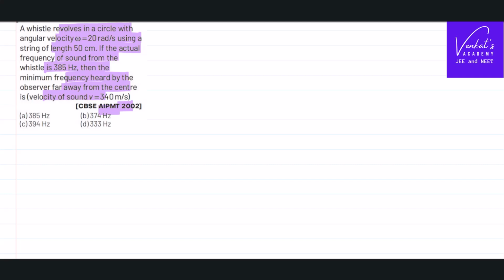There is a rope or a string. The length of that string is 50 centimeters, that is half a meter, to which a vessel is attached and is revolving in a circular motion with an angular velocity like this.